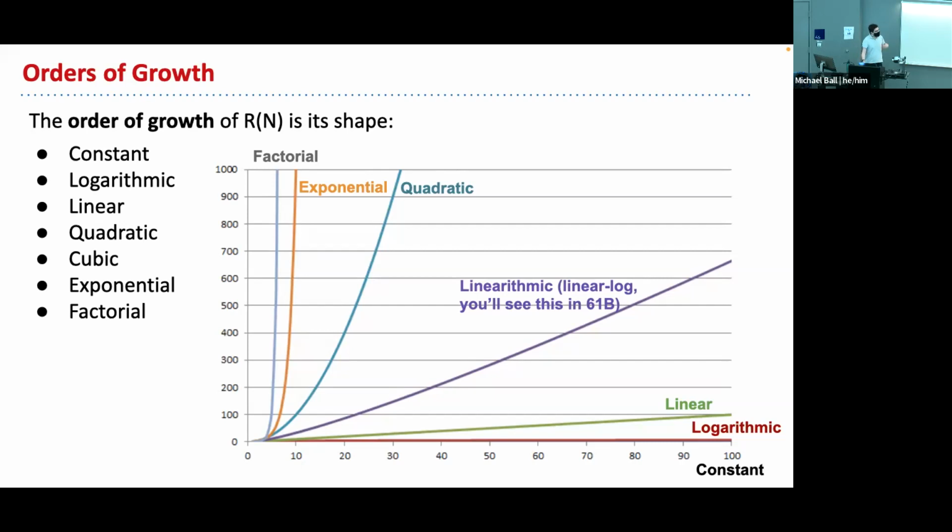Some algorithms have exponential growth, where adding just one item to our list doubles the amount of time an operation takes. And any mathematical function is technically a valid runtime. So the factorial function could be a valid runtime. That grows incredibly quickly, so we're not going to look at any of those.